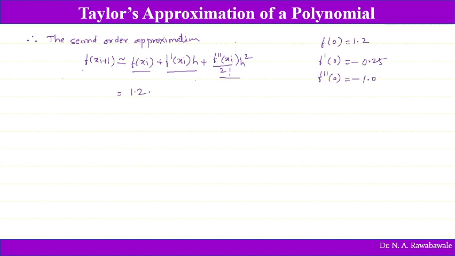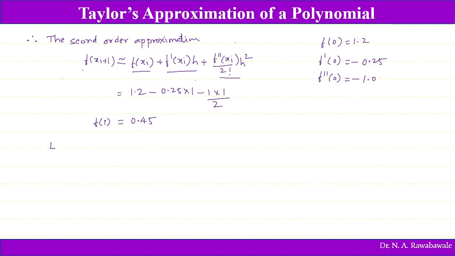By substituting these terms, minus 0.25, h value is 1, minus of 1 into 1 square, divided by 2 factorial is 2. So on simplification, this gives us f of xi plus 1, that is nothing but f of 1, is equal to 0.45.